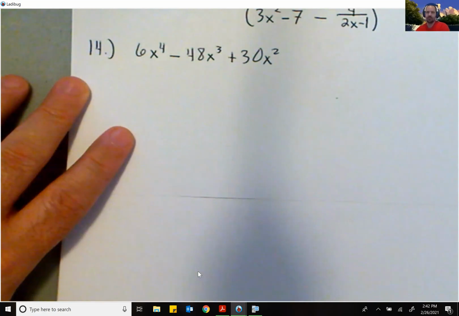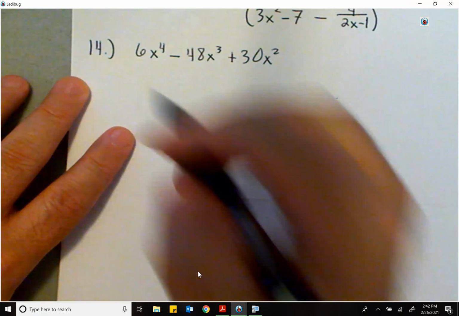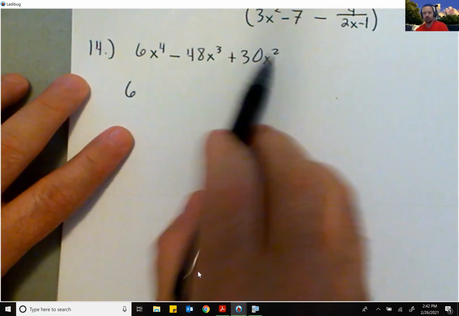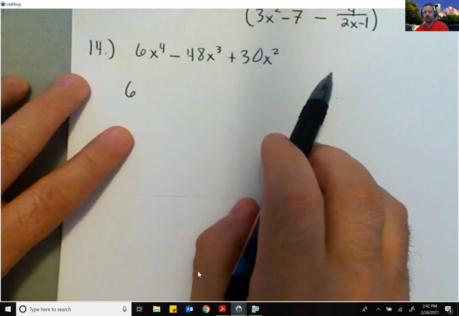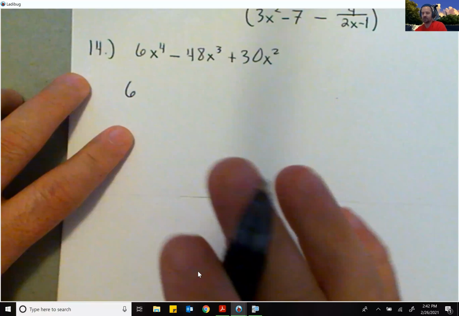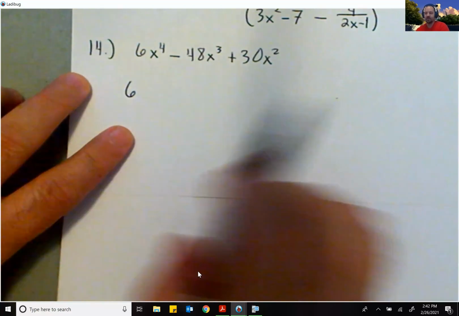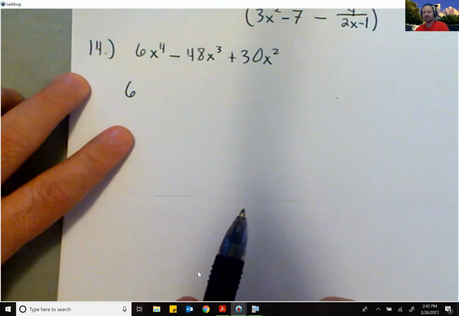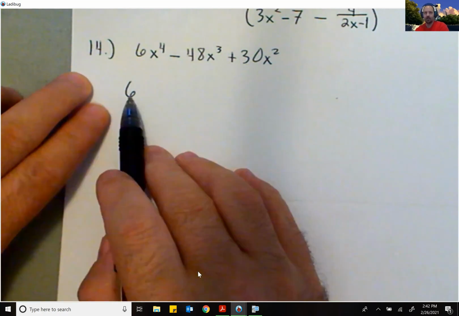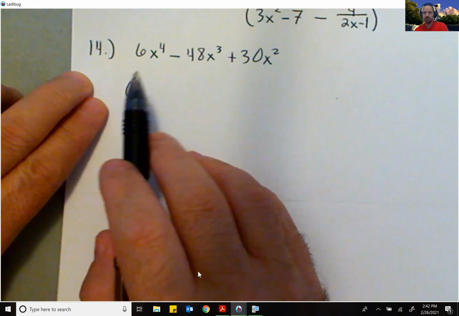Let's not worry about the variable yet. 6 divides all of these. That's the biggest number, because remember, we're looking for the GCF, the greatest common factor. Yes, 2 divides all of these, and yes, 3 divides all of these, but 6 is the biggest one. And that's what we want.